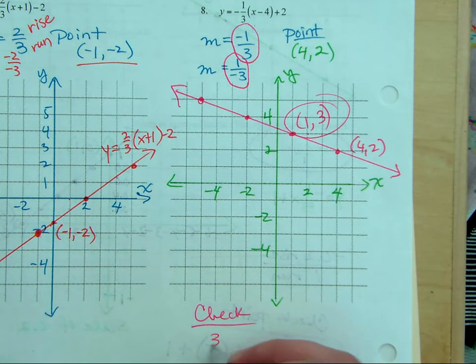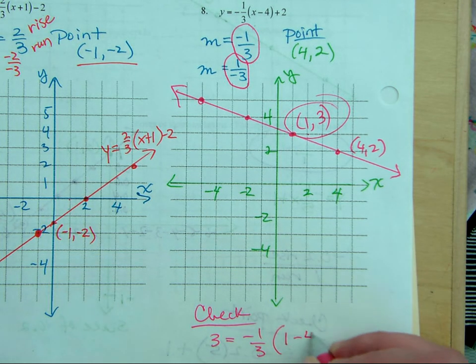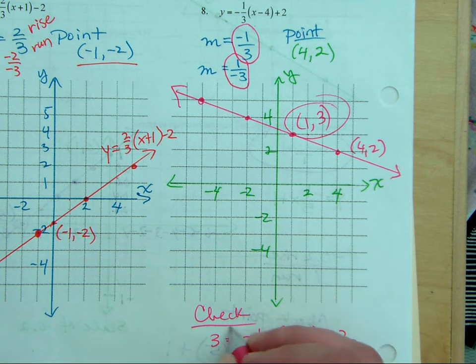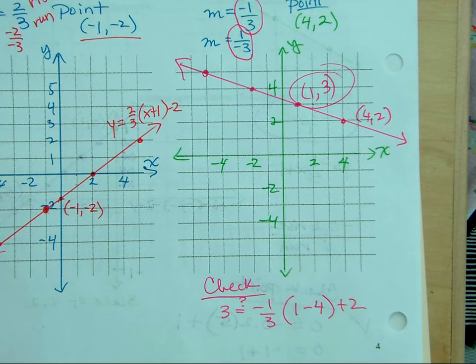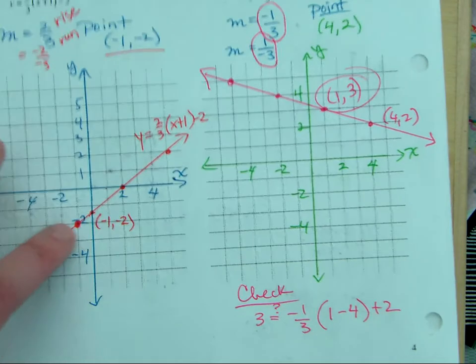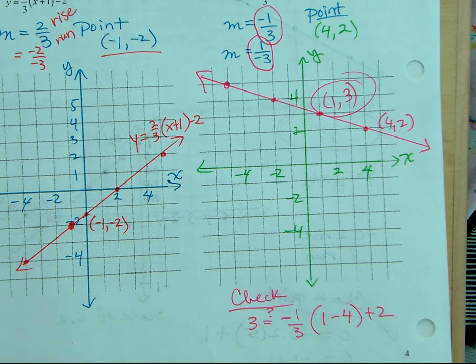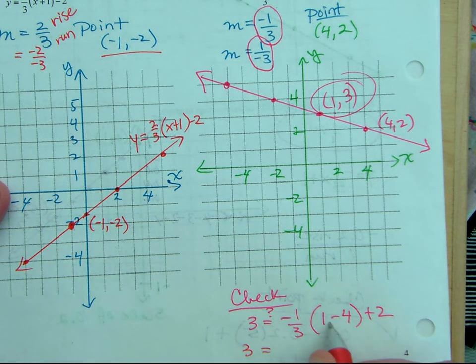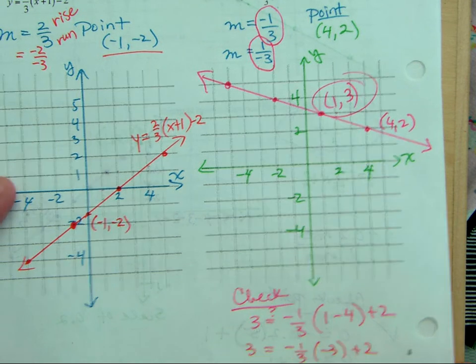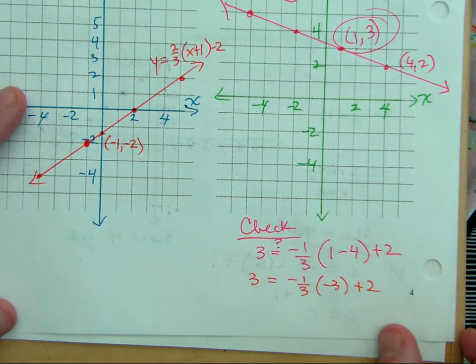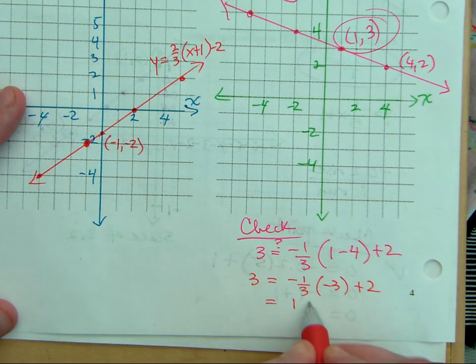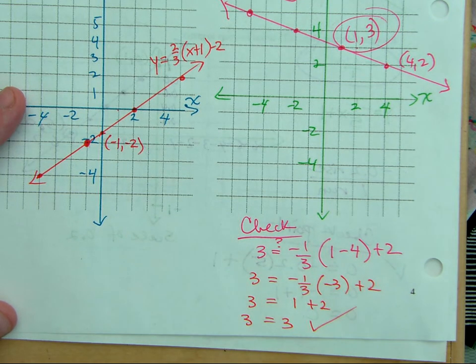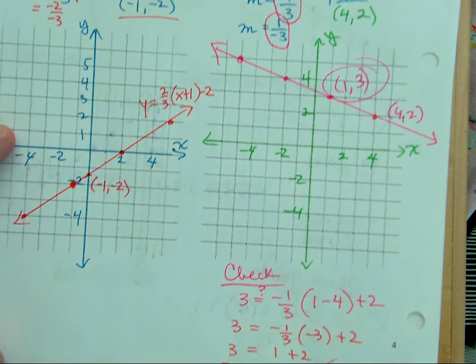So I should have 3 equals negative 1/3 times 1 minus 4 plus 2. So here I have 3 equals negative 1/3 times negative 3 plus 2. What's negative 1/3 times negative 3? 1. 1 plus 2, is that equal to 3? Yes, 3 equals 3, and that is graphed correctly.